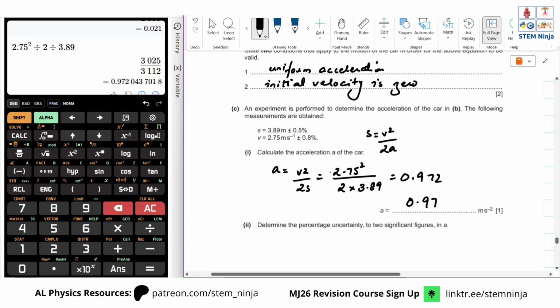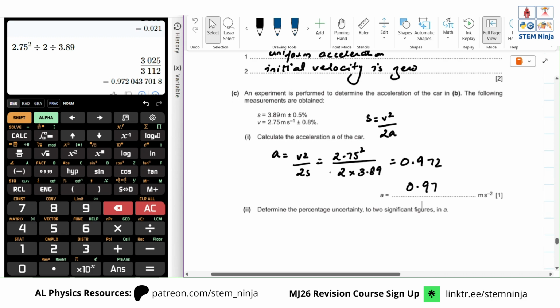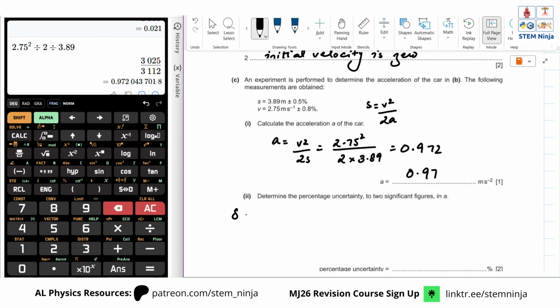Determine the percentage uncertainty to two significant figures in a. All right. So first we can find out fractional. Sorry, they're already given in percentage, so we don't actually have to do anything. So a was v squared, so 2 times 0.8 percent plus, 2 will not be counted for the other, so this will only count 0.5%.